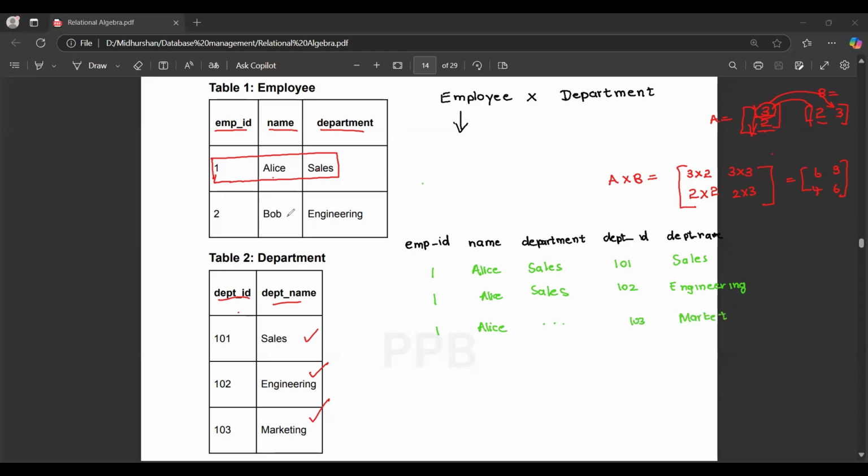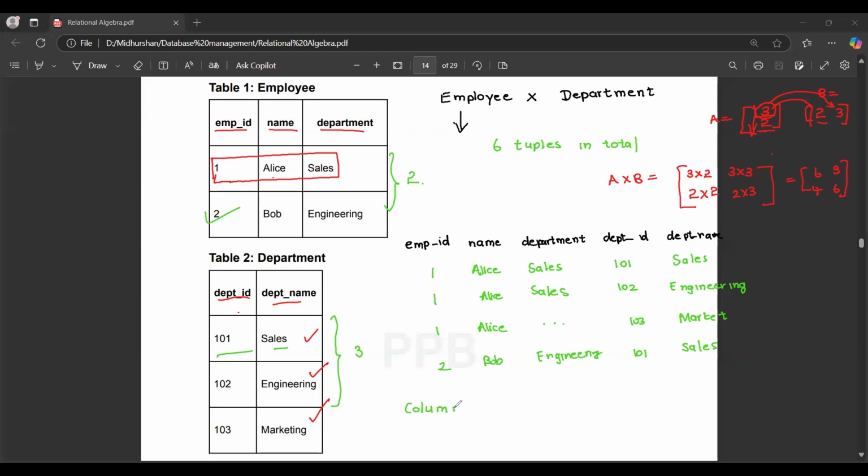Now you will do the same thing for the second tuple: 2 Bob engineering 101 sales. This is going to happen again and again. Since you have 2 tuples in relation 1 and 3 tuples in relation 2, you will end up with 6 tuples in total.